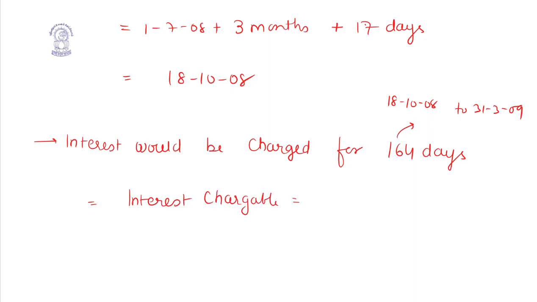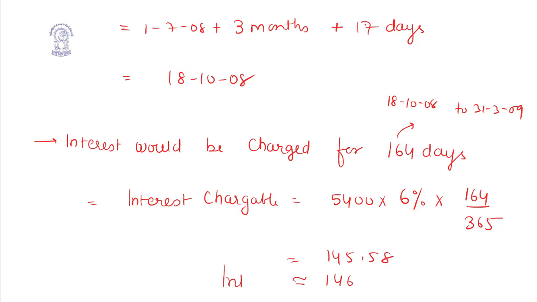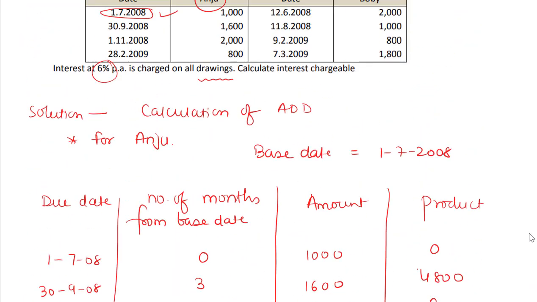Interest chargeable equals 5,400 multiplied by 6%, multiplied by 164 divided by 365, equals 145.58, which is equivalent to 146. Interest on drawing is 146.